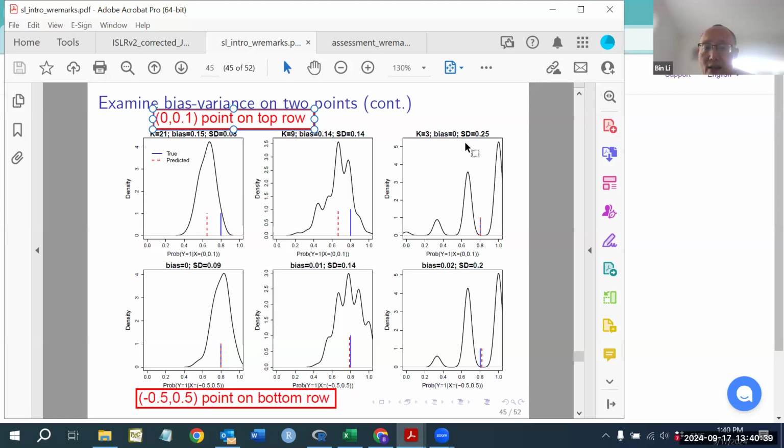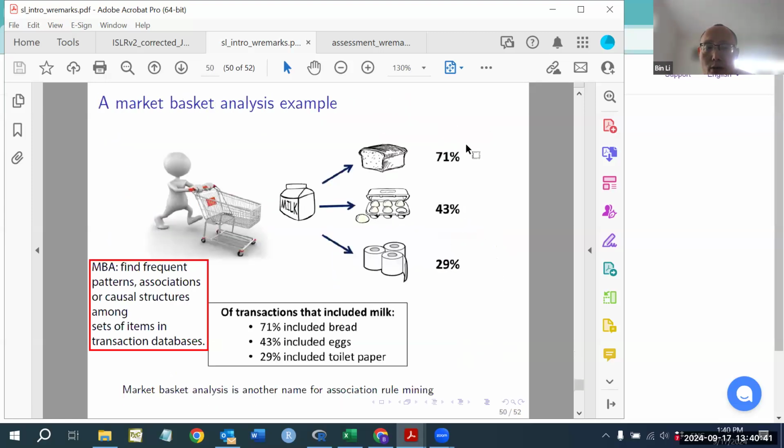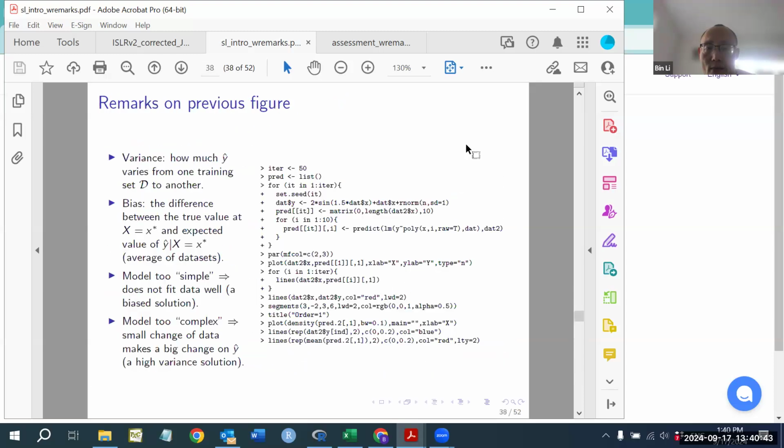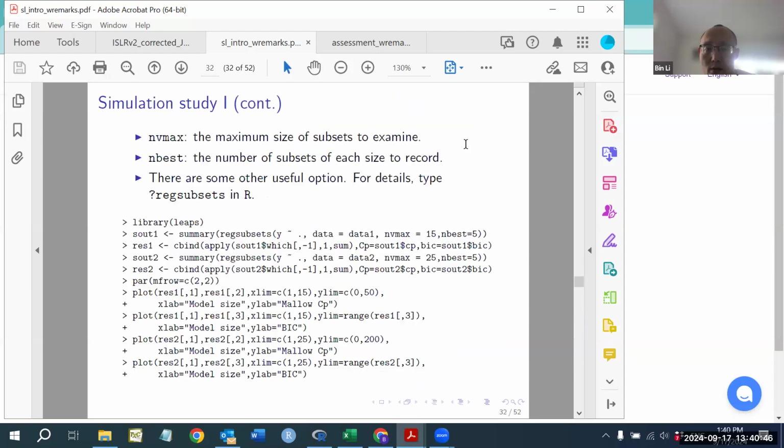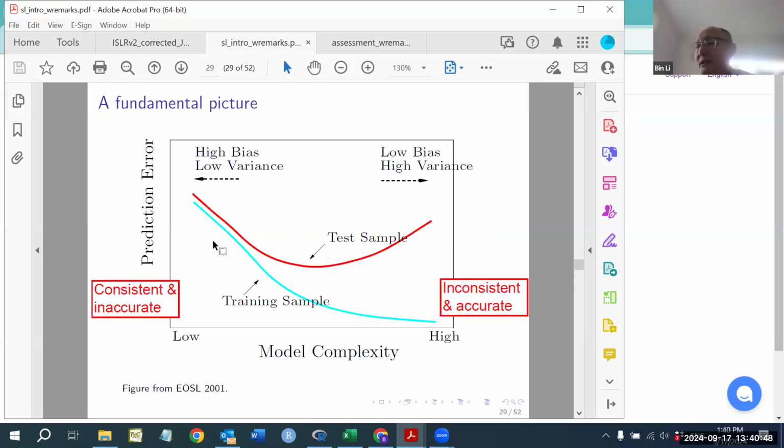So that's why the fundamental picture, where is it? Yeah, that's the fundamental picture. When the model complexity is low, that means when the K is a high value in the KNN, when the K is 21, we have a high bias but low variance.